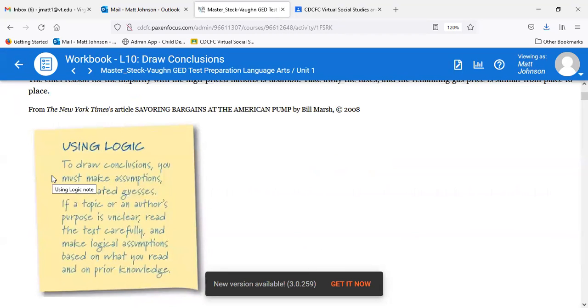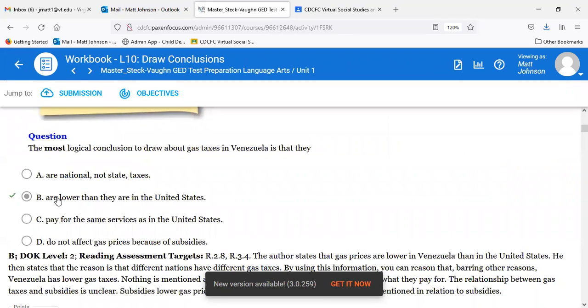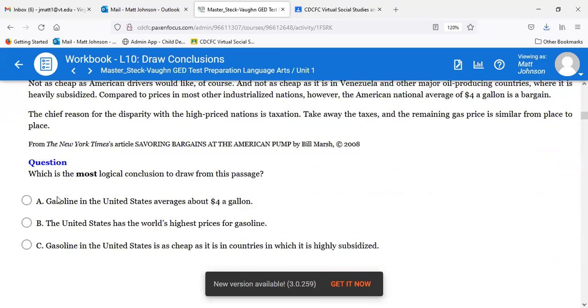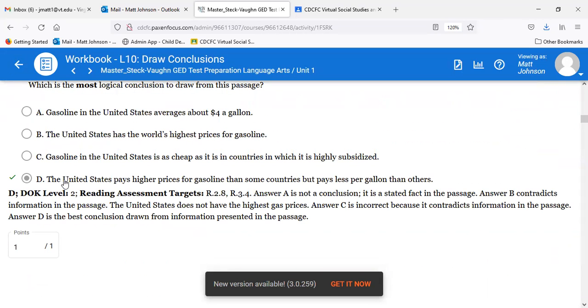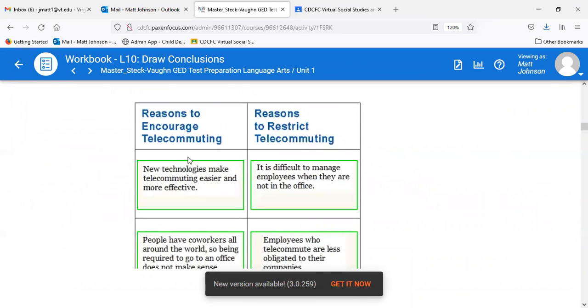All right, so 1 was B as in boy. 2 was D as in dog. 3 was our table. So reasons to encourage telecommuting: new technologies make telecommuting easier and more effective, and people have coworkers all around the world, so being required to go to an office does not make sense.